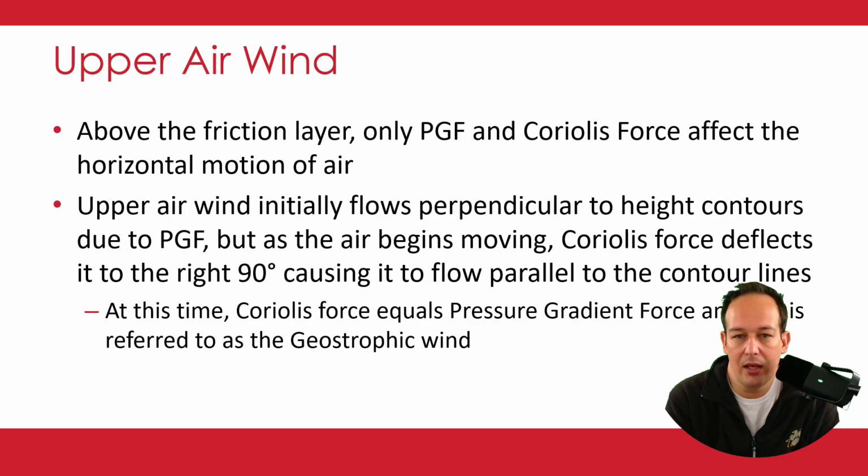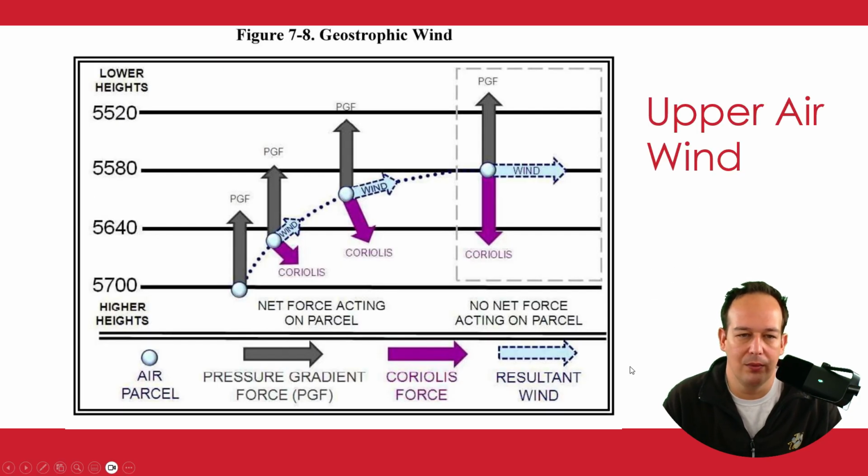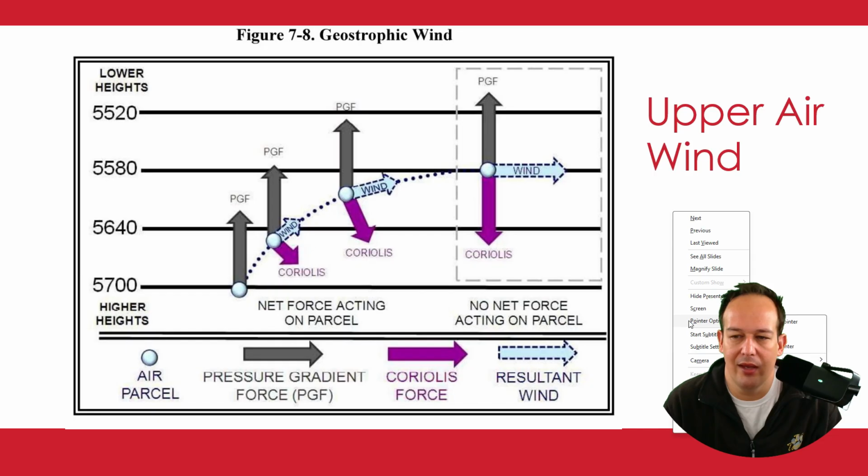So at this time, you've got pressure gradient force going perpendicular to the contour lines, but the Coriolis force wants to go to the right. And so what will eventually happen is that Coriolis force will directly oppose pressure gradient force, and now the wind wants to flow parallel to the isobars, like so.